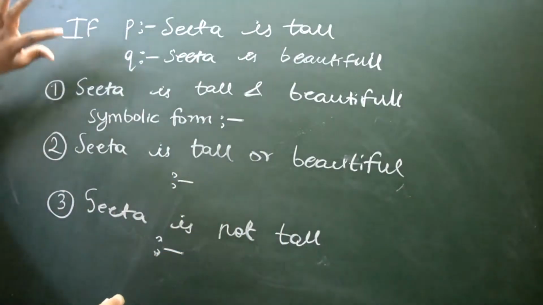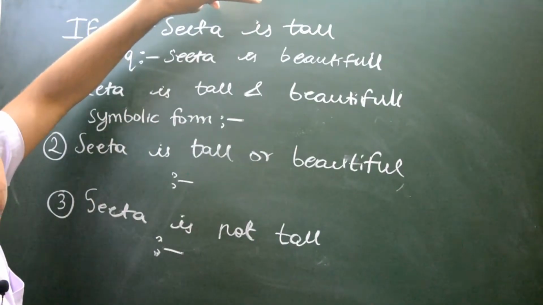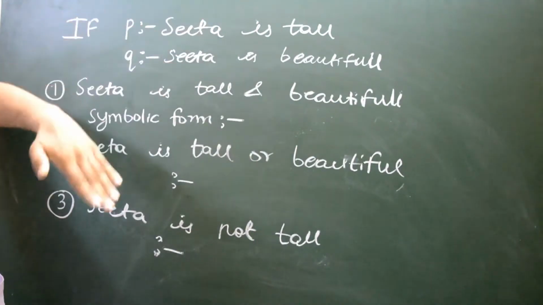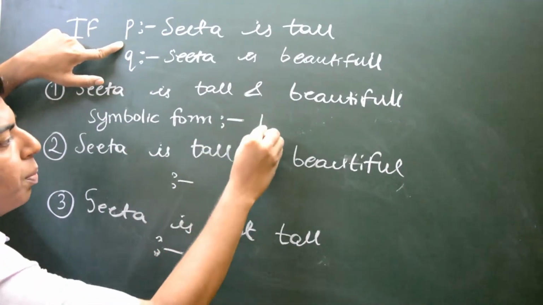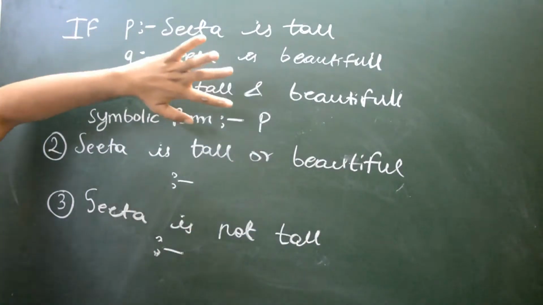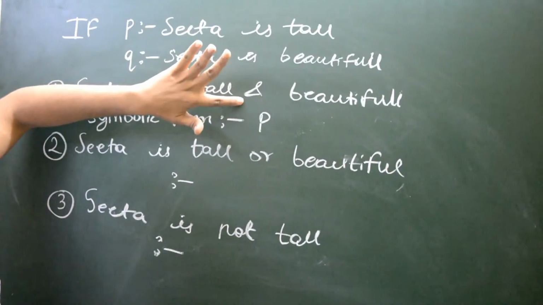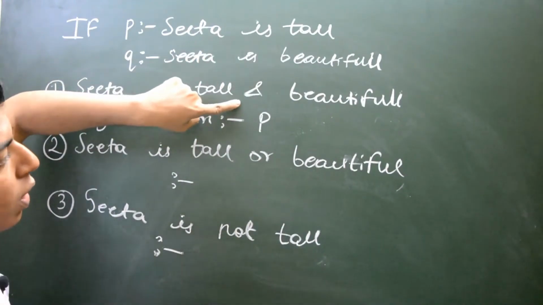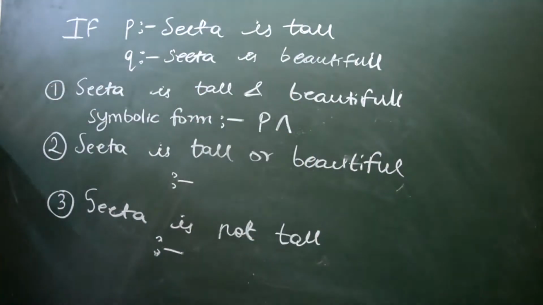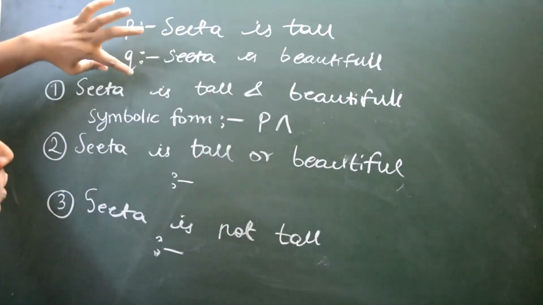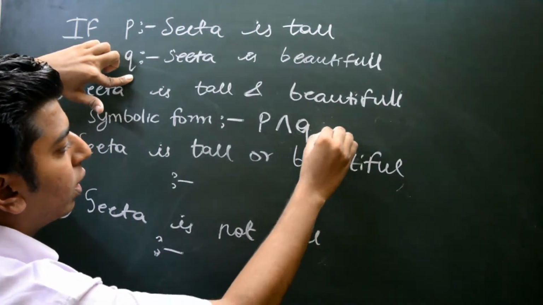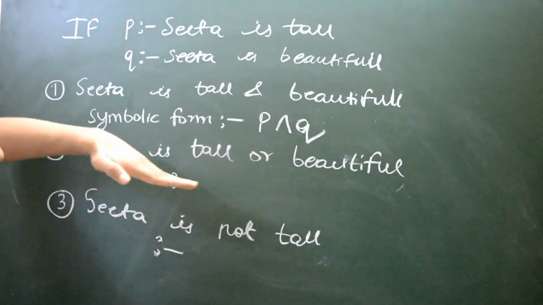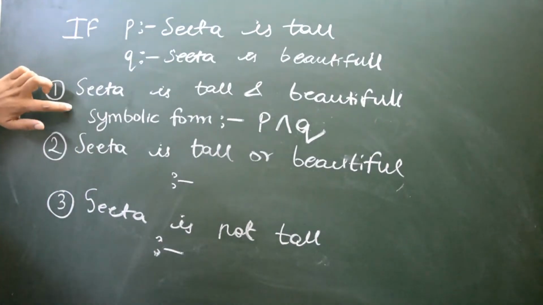So Sita is tall represents the sentence P, okay, that is P, and this represents the symbol of conjunction, and beautiful, that is Sita is beautiful, that is Q. This is the symbolic form of this sentence.